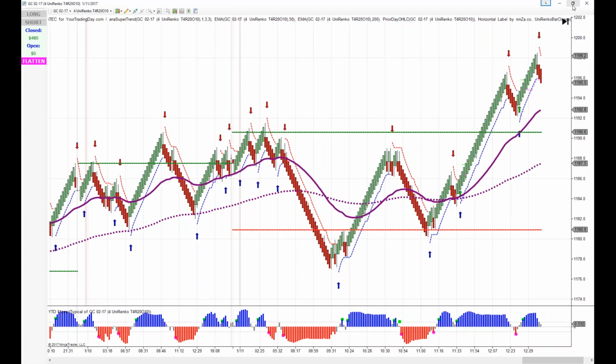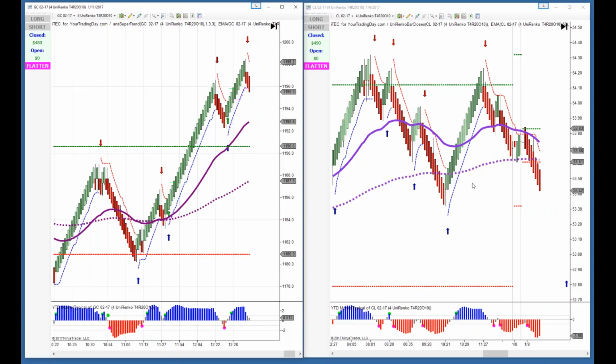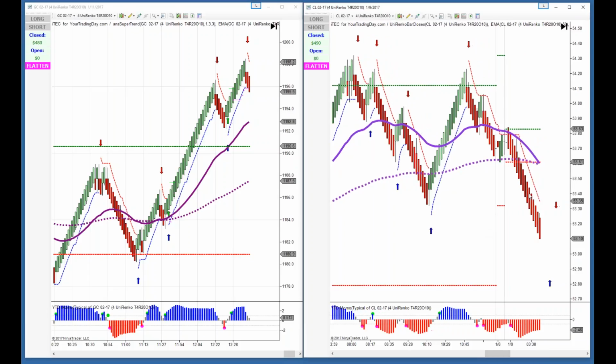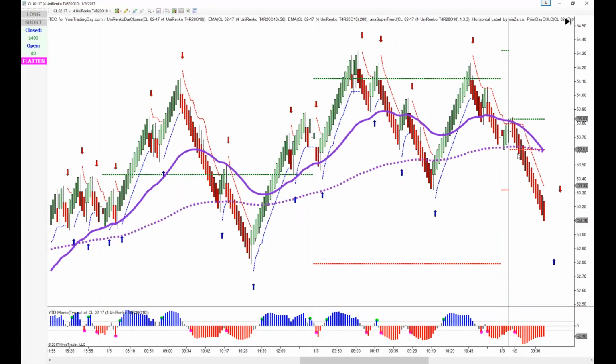Let's look at oil. So oil's dropping here, right? Oil's dropping. The 50, we could not sell oil here because the 50 was above the 200 moving average.